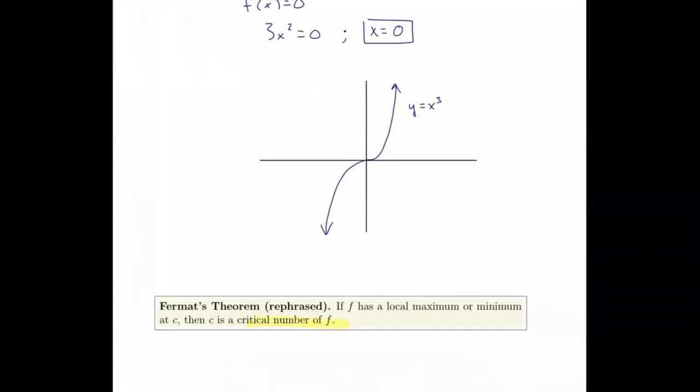In other words, c is a place where the derivative is 0. It doesn't guarantee the other way around. It doesn't say that if we have a critical number, then it's a local max or a local min. Nonetheless, when we go looking for local maxes and local mins, we're going to generate all the critical numbers we can, because if there is a local max or a local min, then it's going to be on that list of critical numbers. That's the usefulness of this tool.